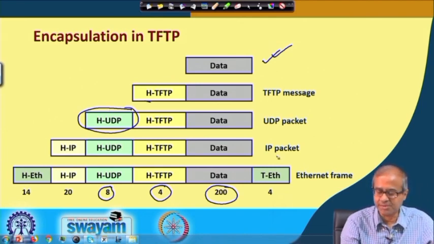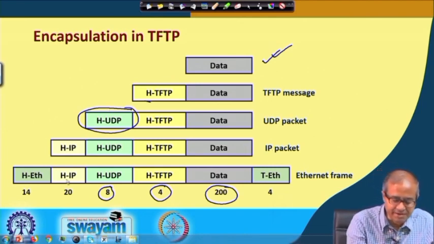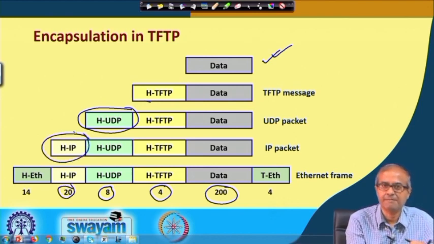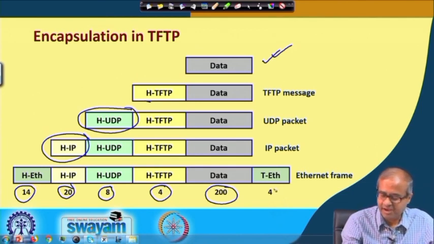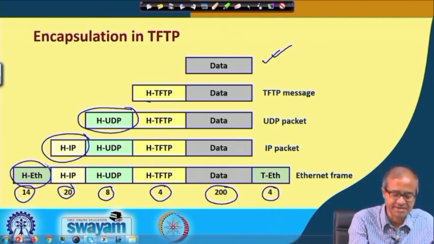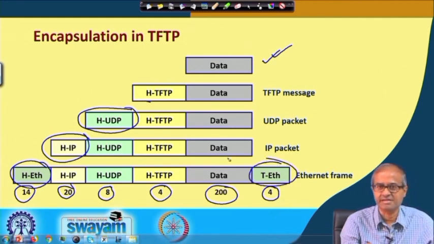then it comes to the IP layer. For the IP layer, 20 bytes of header gets added, and at the lowest level it is the Ethernet. At the Ethernet layer, 14 bytes of header and 4 bytes of trailer get added. A header gets added here, a trailer gets added here.